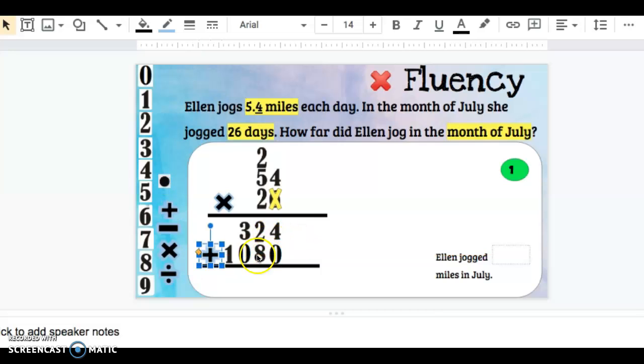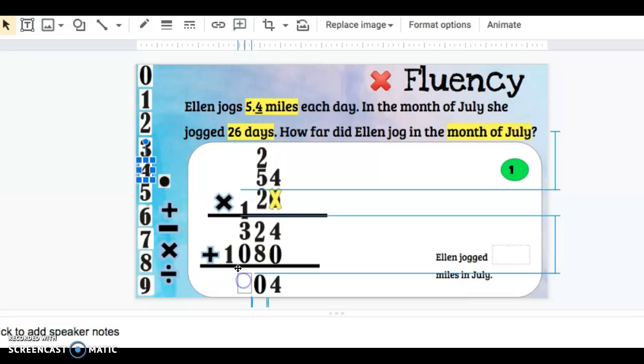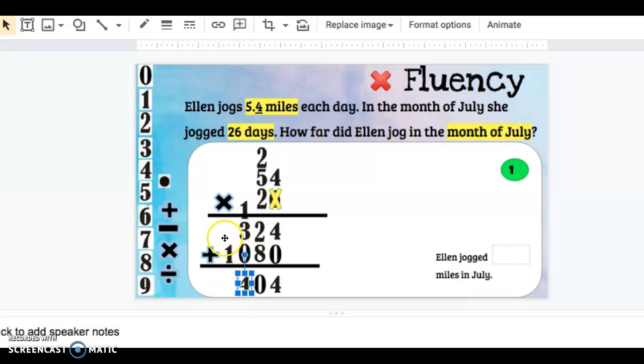So we do 4 plus 0, 4. 8 plus 2 is 10. Bring up the 1. 3 plus 1 is 4. 4 plus 0 is 4. And then 1 plus 0, because there's an invisible 0 there, would be 1.